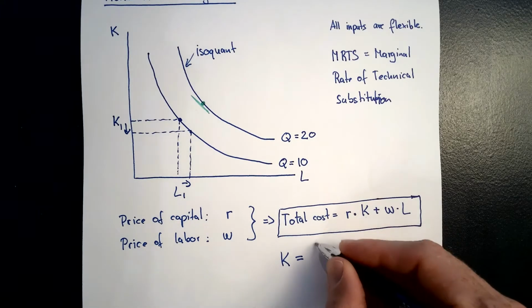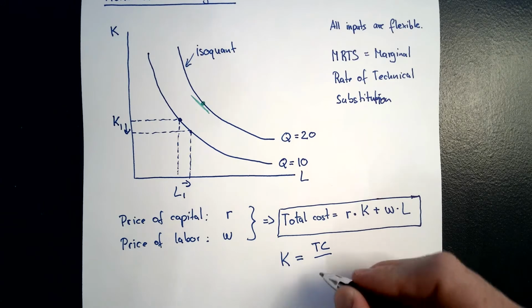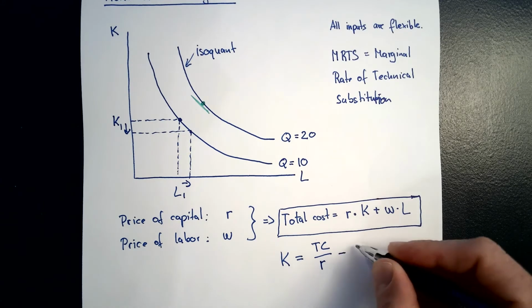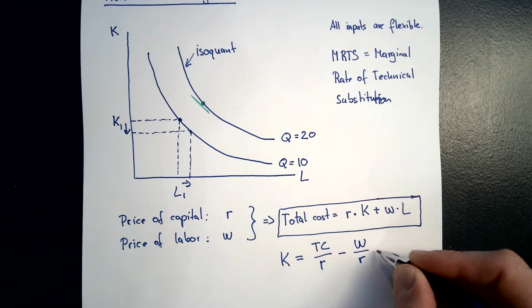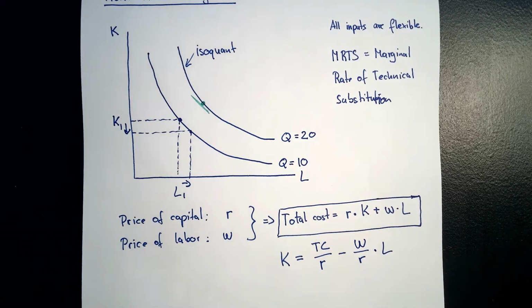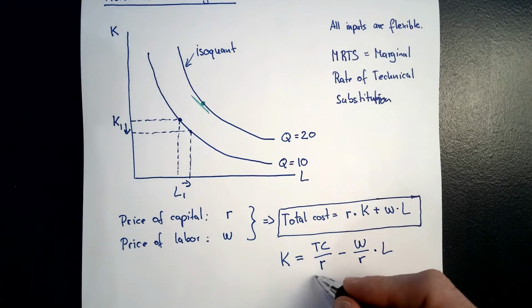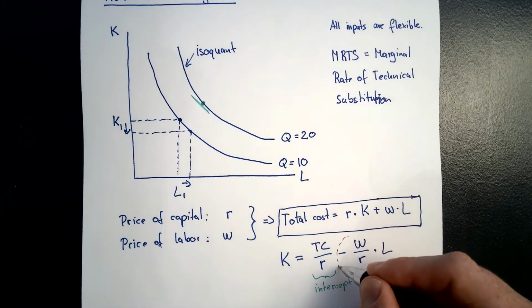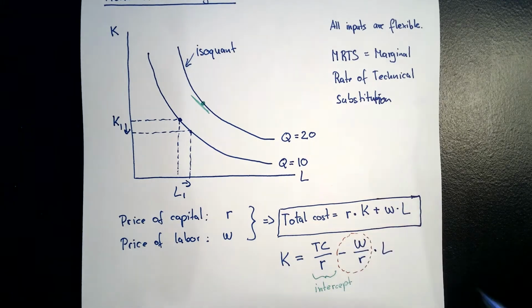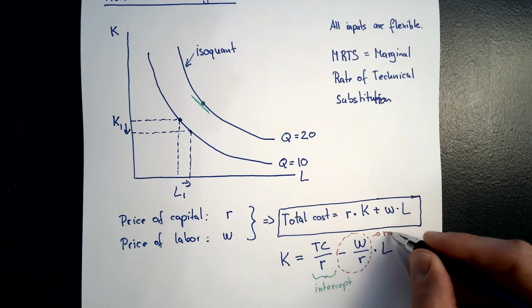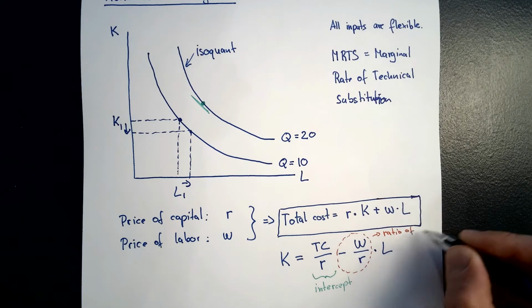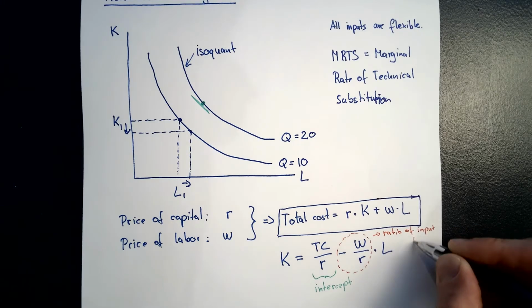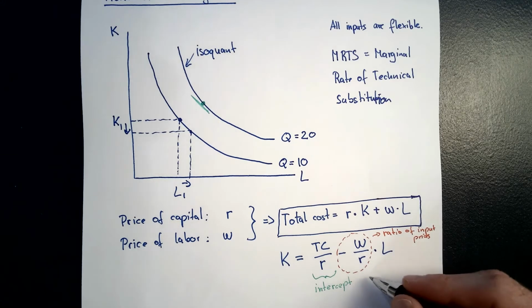We can rewrite this as K equals total cost divided by r, minus w over r times L. Now here you have an intercept, and the entire part here, the negative w over r, and please keep in mind that this is the ratio of input prices, represents the slope.